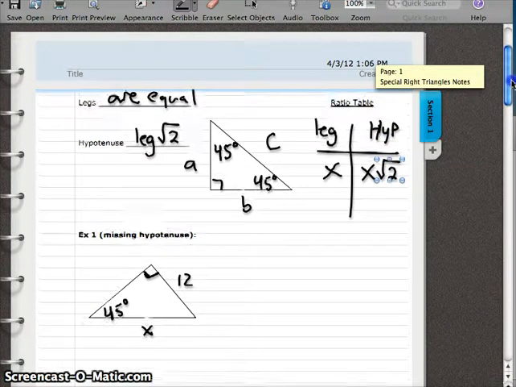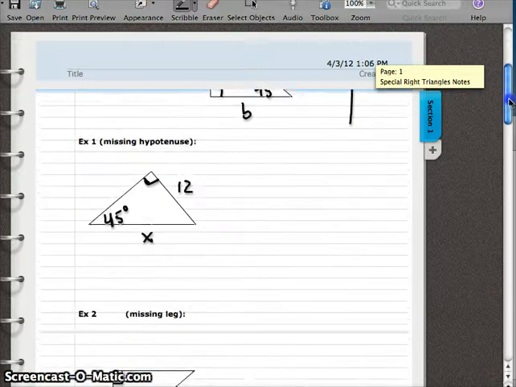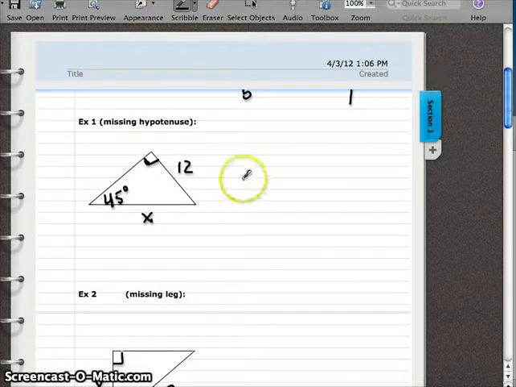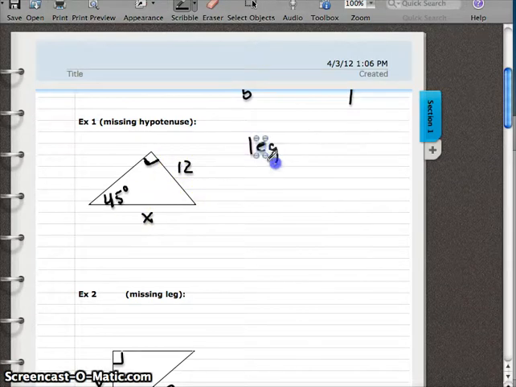So let's apply that. Here's our first example. The easiest one is if you're given the leg and you're missing your hypotenuse length. Because like I said, all we do is we stick that value of the leg with the square root of 2 and we have our hypotenuse. So let's try it. We could use our tables here. Our leg is x.